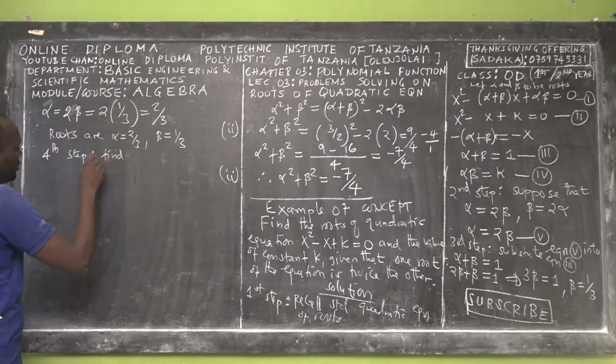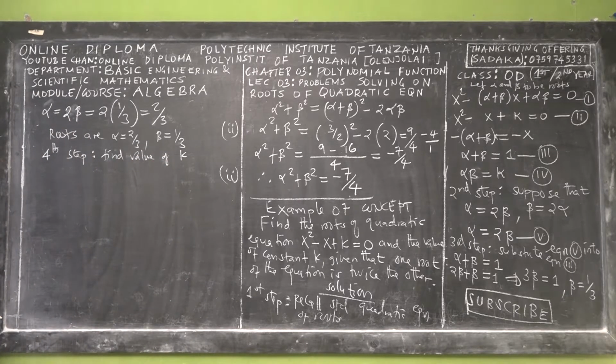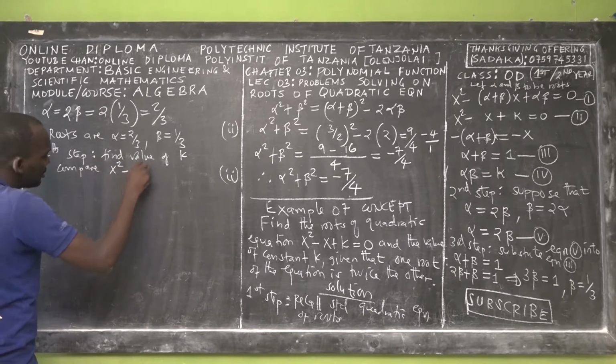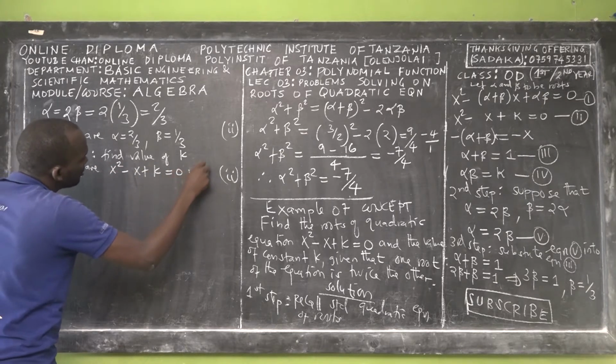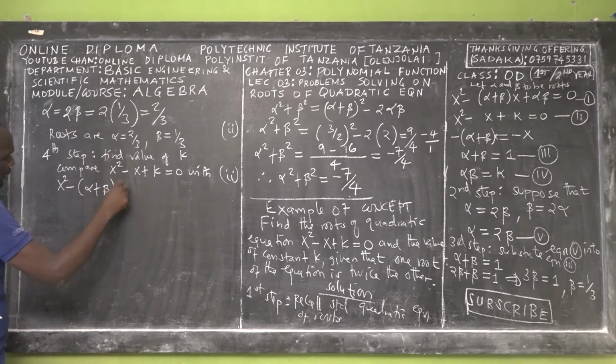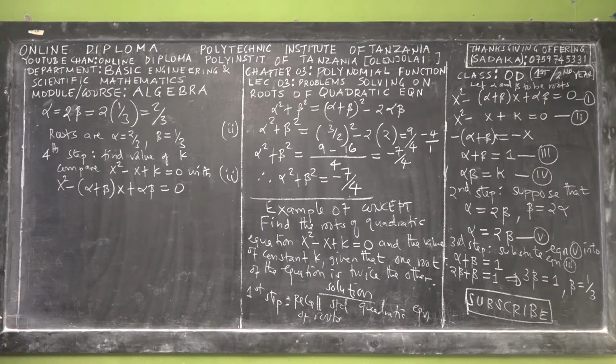To find the value of k, we have to compare x squared minus x plus k is equal to 0 with the standard equation, which is x squared minus (alpha plus beta) x plus alpha beta is equal to 0. If we compare this, we did that, but we have also found that alpha times beta is equal to k.